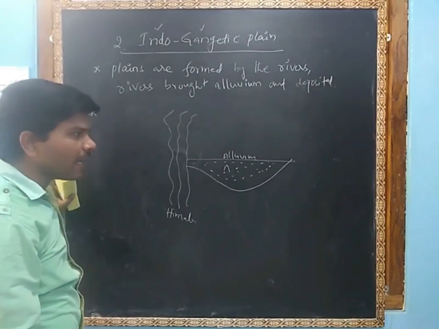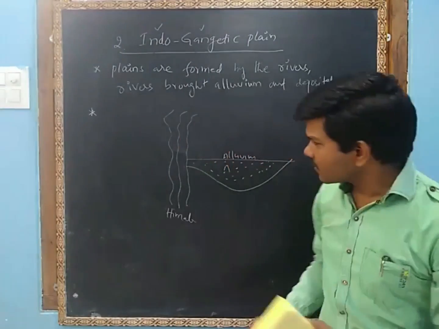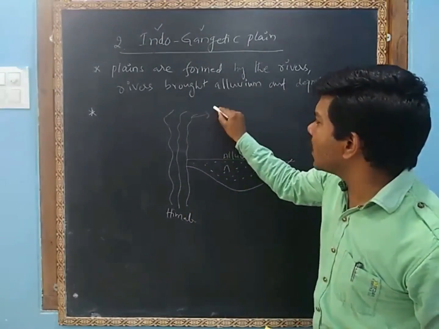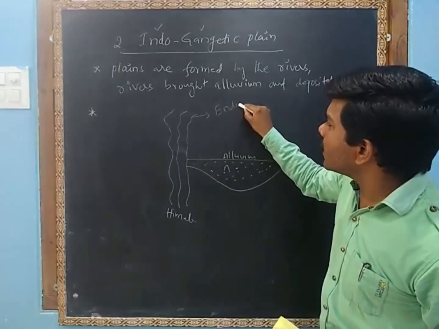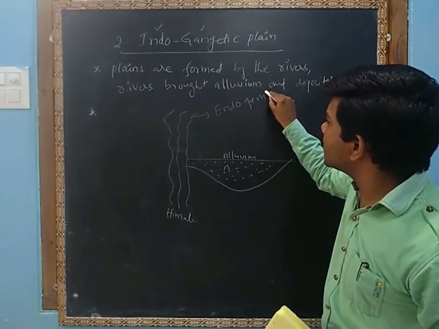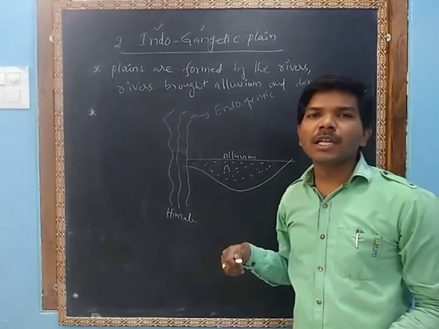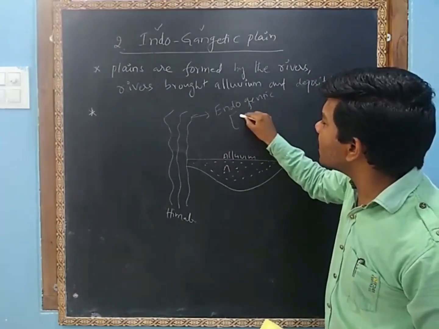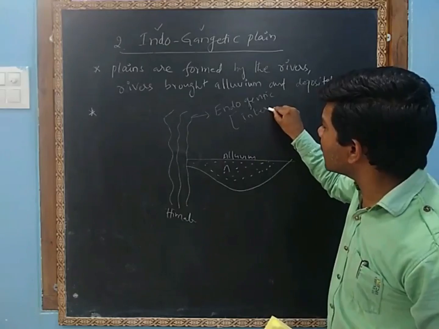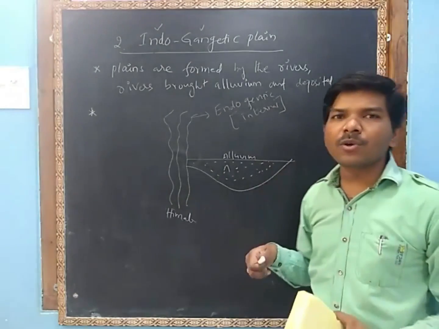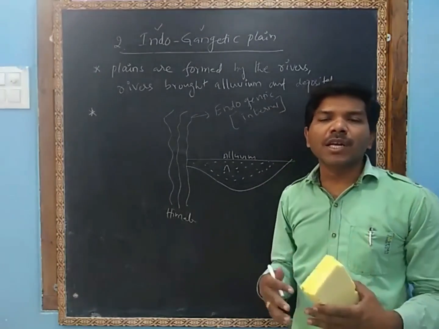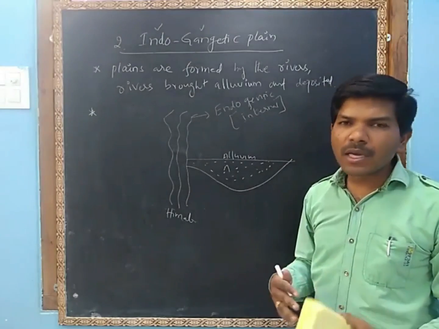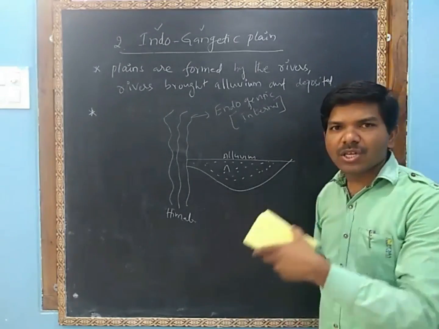I explain again. See beta, the Himalayas are formed due to the endogenic forces, which means internal forces. In your 9th class, you know denudation, deposition, evaporation and erosion.